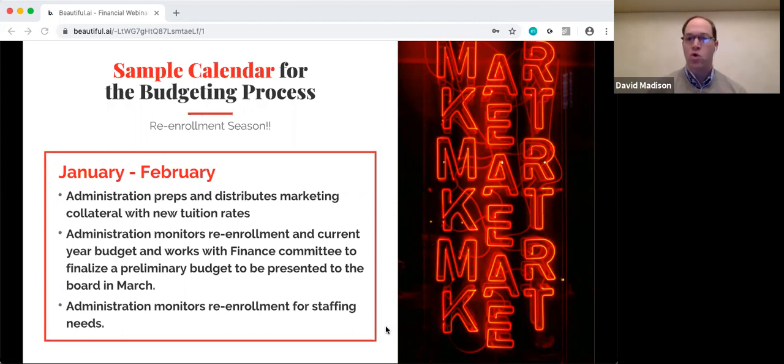It's critical that you have that data so you can make staffing decisions sooner rather than later. Unfortunately, sometimes you have to make a tough staffing decision down the road, but you want to get as much data as you can in the January, February months so that you can make those necessary decisions that you've referenced. Exactly.